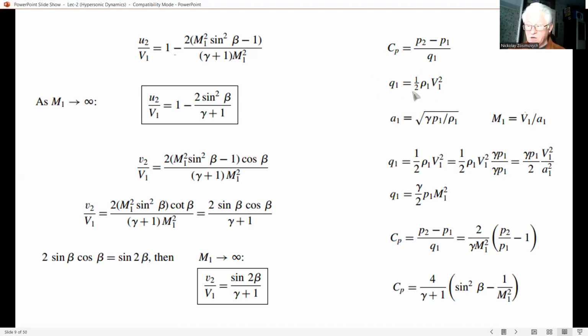By definition, the dynamic pressure is given by the second formula on the right: q1 equals 1 over 2 rho1 times V1 squared. This is a definition only. It is used for flow from incompressible to hypersonic, and we should note it.